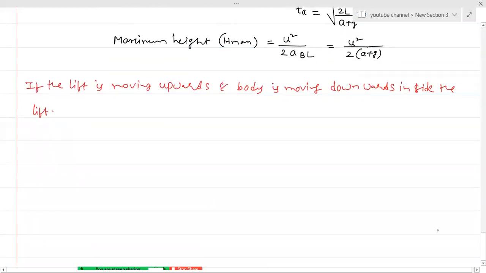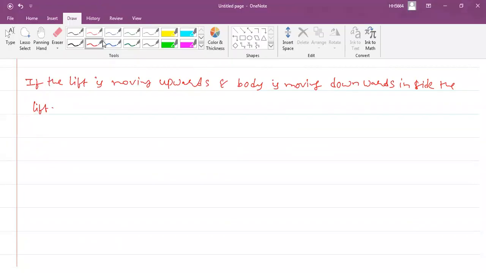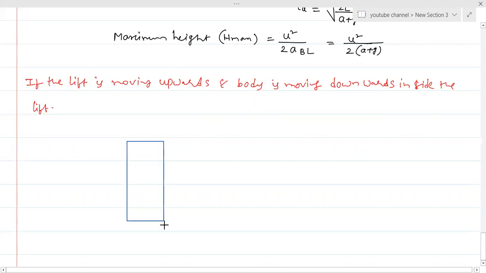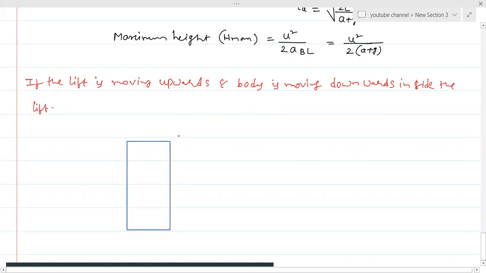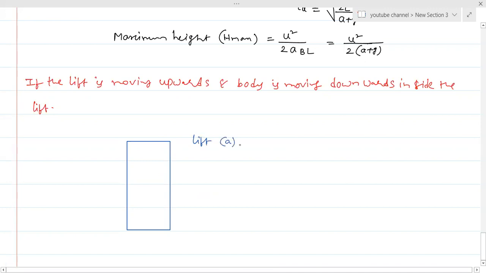For example, this is the lift actually. The lift is moving upwards with acceleration. Now the body is moving downwards. So this is the body moving downwards.